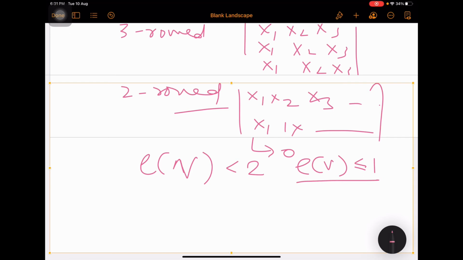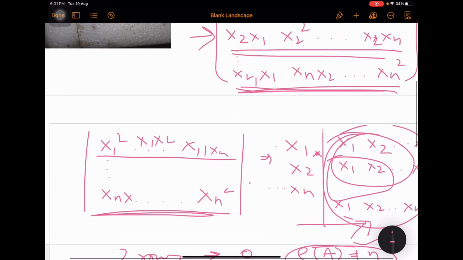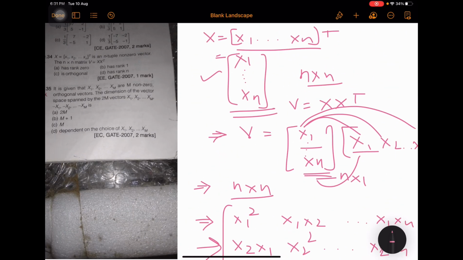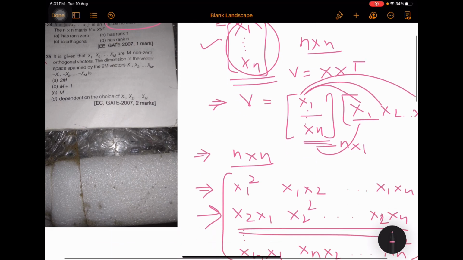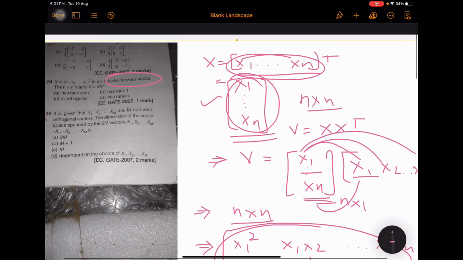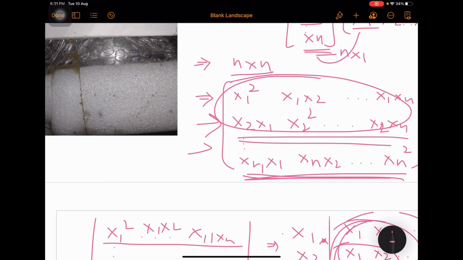Also, we are given that x is an n-tuple non-zero vector. Non-zero vector means that at least one of the entries has to be non-zero.